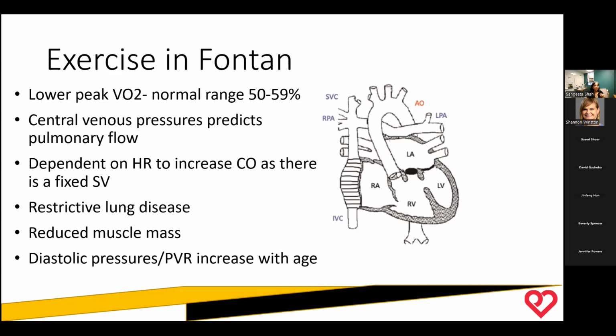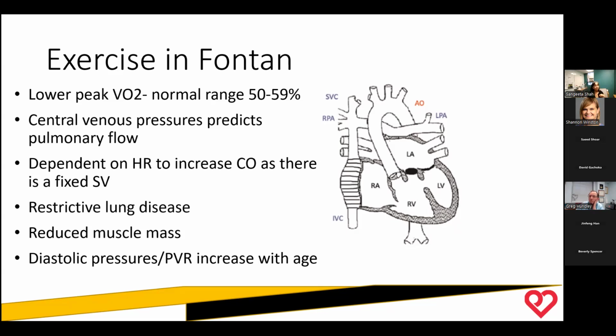Often these patients are dependent on heart rate to increase their stroke volume, their cardiac output, because their stroke volume is fixed. There's only so much forward blood flow we can get through this circuit out the aorta, no matter what the ventricular ejection fraction is. Their exercise is often limited because they have restrictive lung disease. And unfortunately, some of these patients have also added obstructive lung disease by smoking, vaping, and things like that.